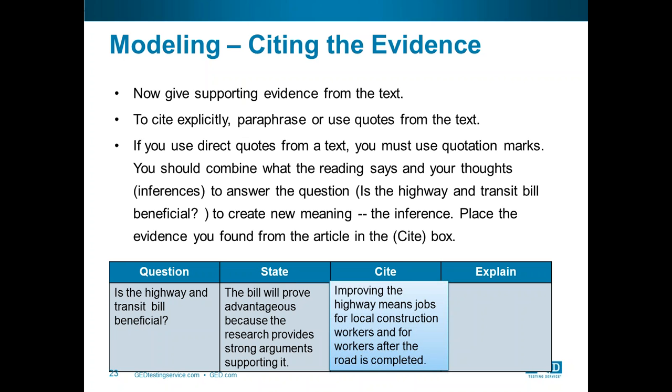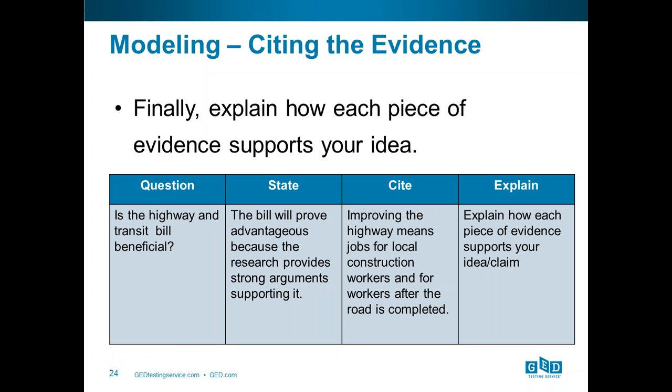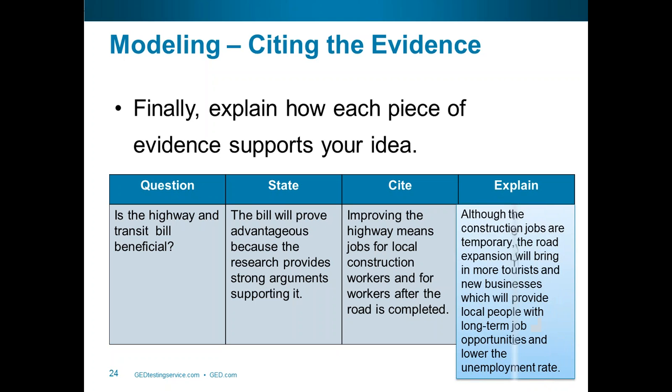Now, how do I connect that? What am I going to do at that point? I've got to explain. I've made my statement and cited some evidence, but there's a connection that has to go along with that. In that connection, I explain how it supports my overall idea. So let's see how that does support it.